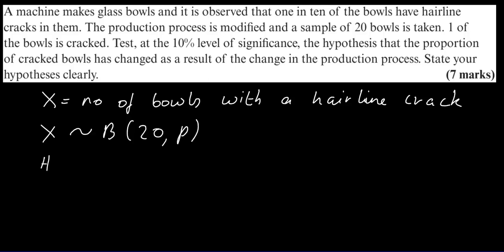H0: under normal assumptions, as things were before, p was equal to 0.1 because it says it is observed that 1 in 10 of the bowls have a hairline crack in them. Now H1, the hypothesis that the proportion of cracked bowls has changed.